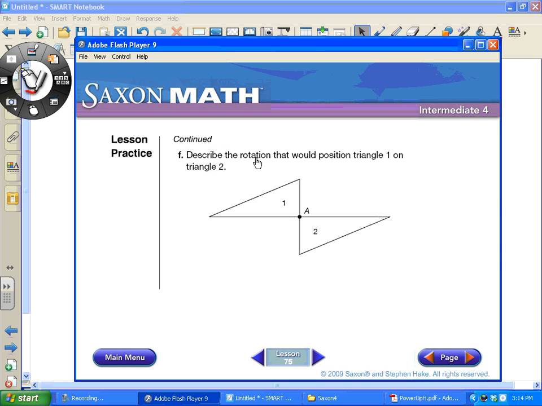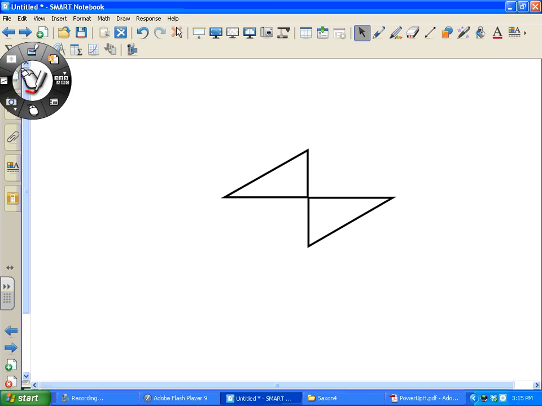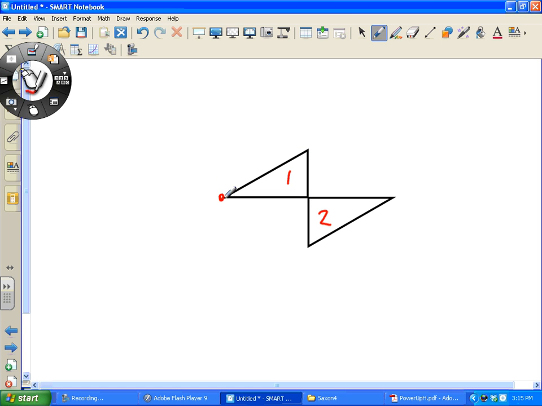Okay, describe the rotation that would position triangle 1 on triangle 2. I tried to draw this, and we want 1 to be on top of 2. And so imagine, it helps if you draw the points. We want this point all the way over here to this point.